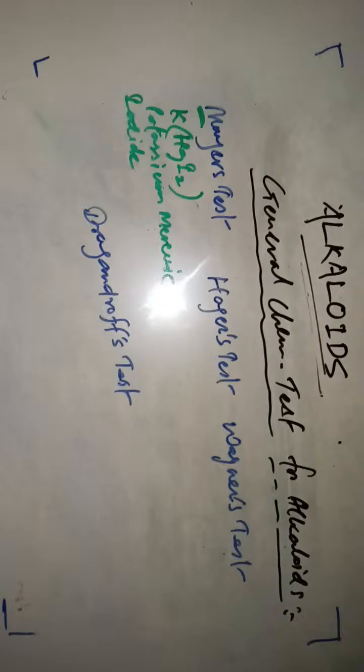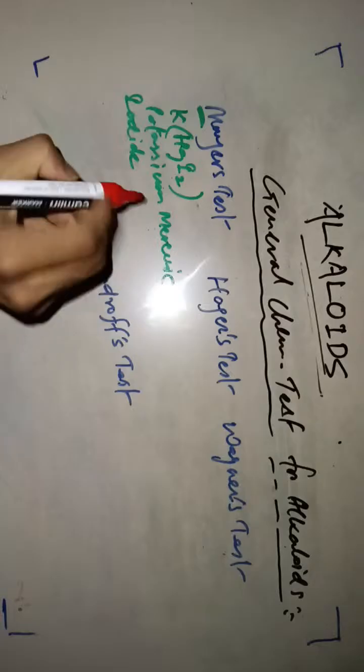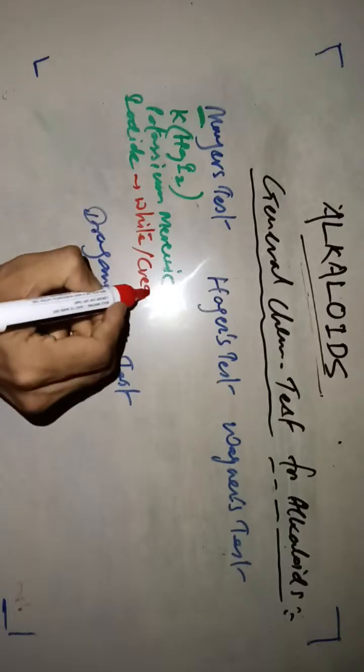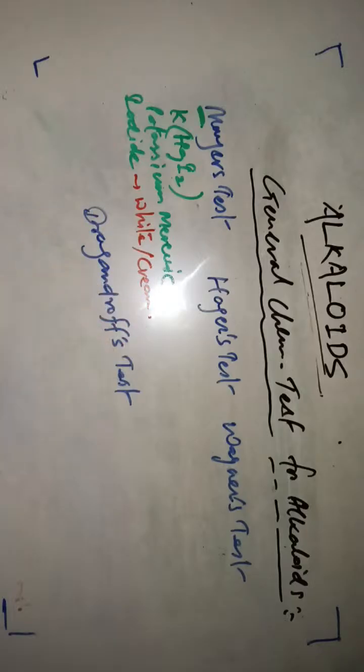And when the sample is mixed with potassium mercuric iodide, which color is formed? White or creamy precipitate is formed.